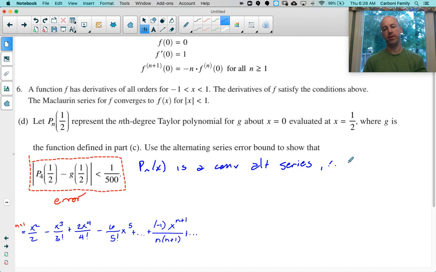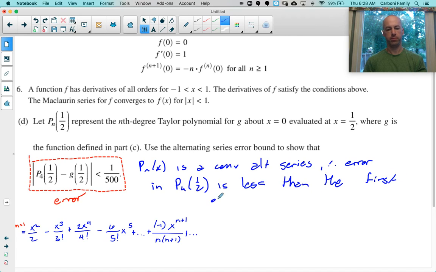Therefore, the error in P4 of 1/2 is less than the first omitted term. So my fourth degree Taylor polynomial would be these terms right here.